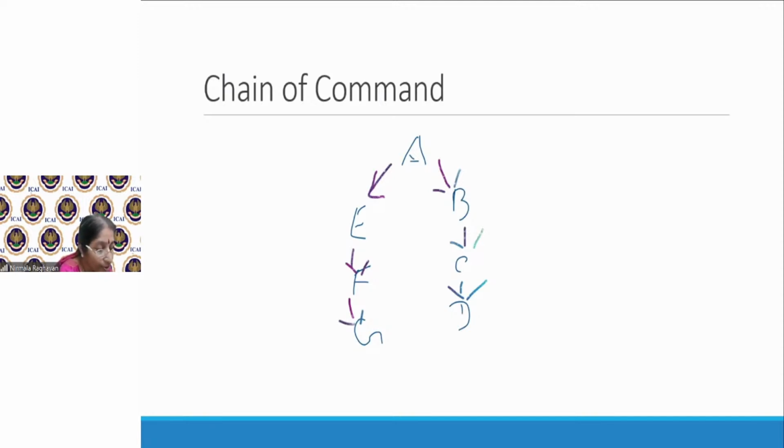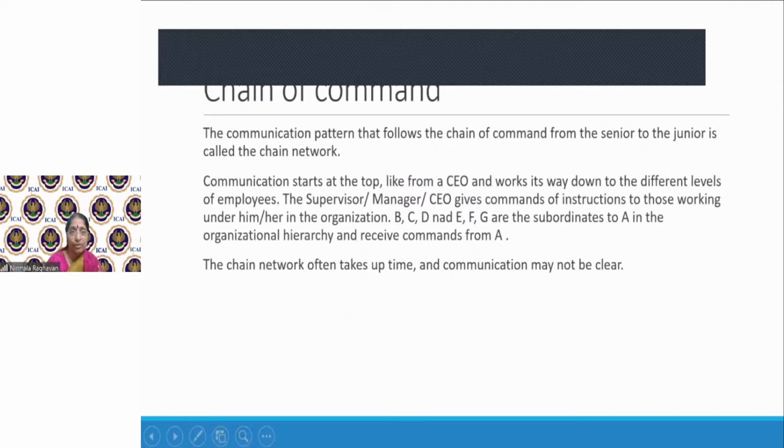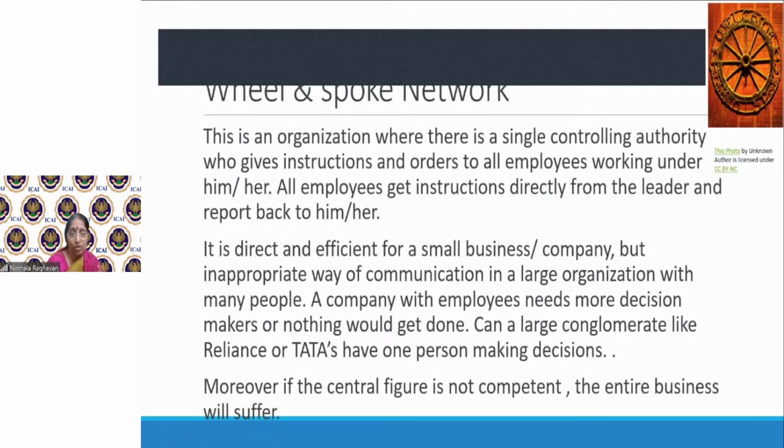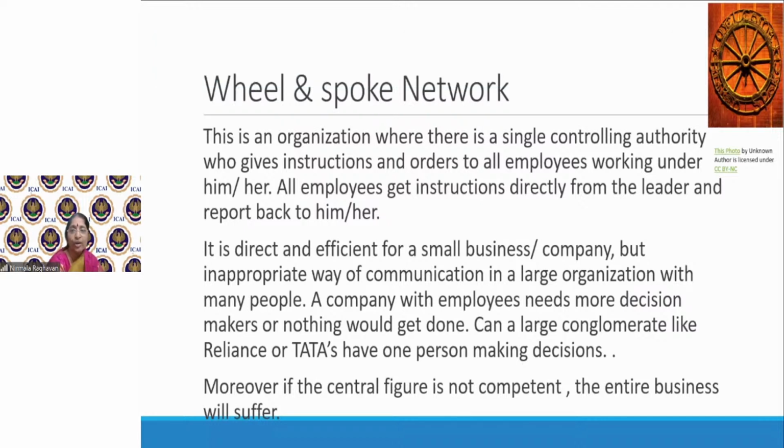Okay, so from now on, we move on to wheel and spoke. This is an organization where there is a single controlling authority who gives instructions and orders to all employees working under him or her.